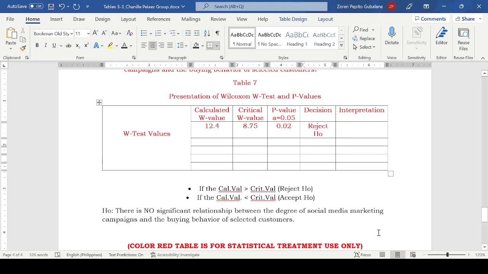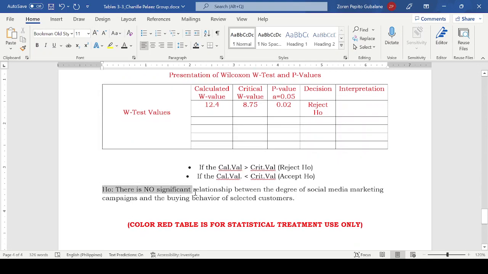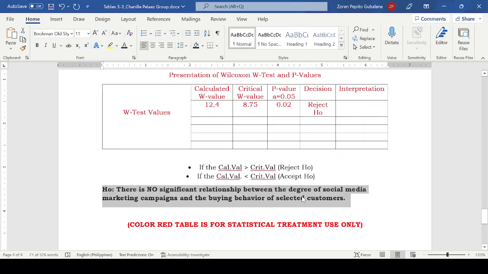So when you reject the null hypothesis, you must go back to the original hypothesis, like here below. Okay, I want to make it bolder. All right. So, are you going to reject this? Yes, because based on the calculation, dapat siyang i-reject, no? Sabi, there is no significant relationship between social media marketing campaigns and the buying behavior of selected customers.